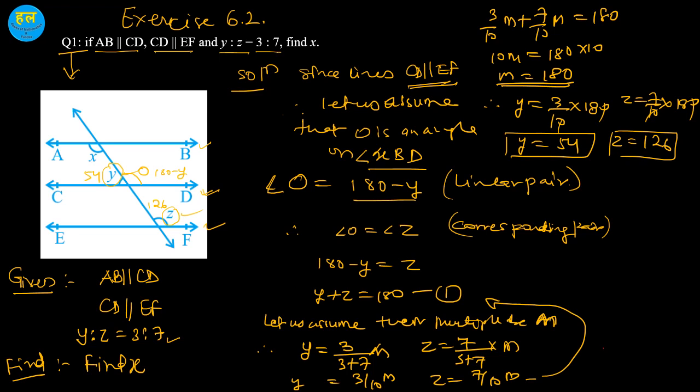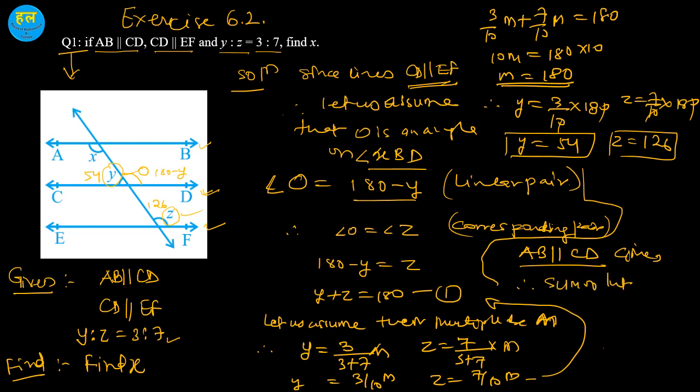Now again we know that AB is parallel to CD. It is given in the question. Therefore, the sum of interior angles of a transversal intersecting two parallel lines is 180 degree.